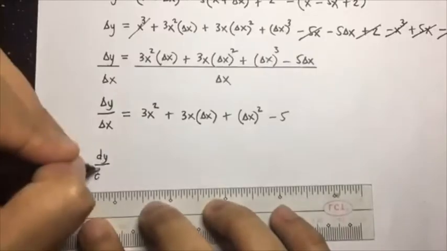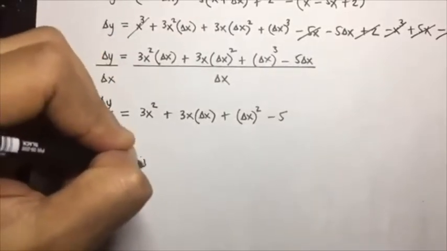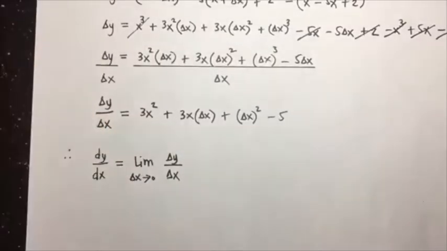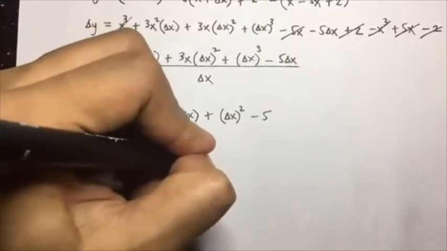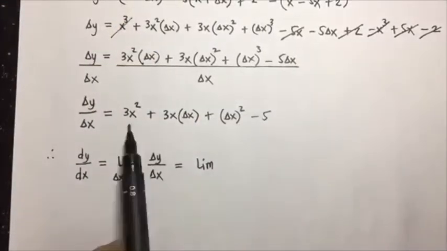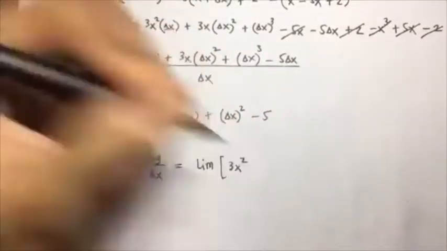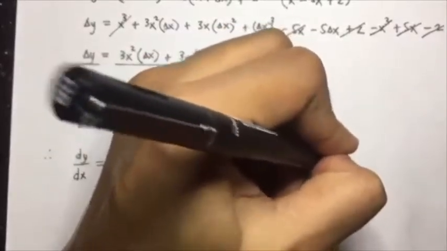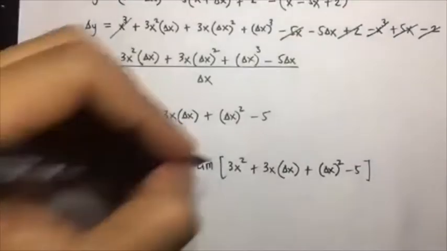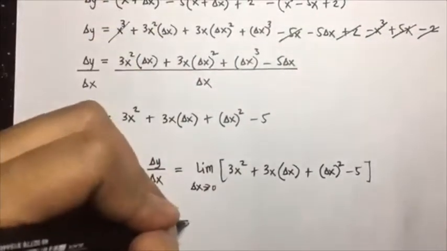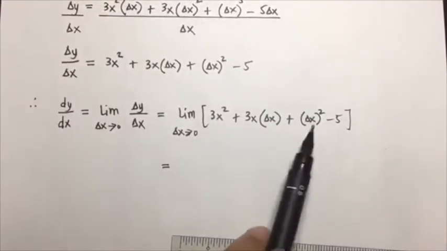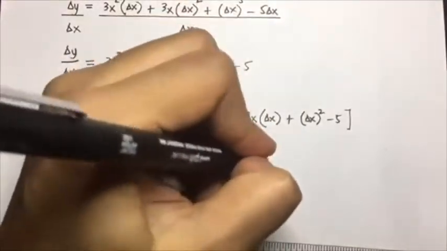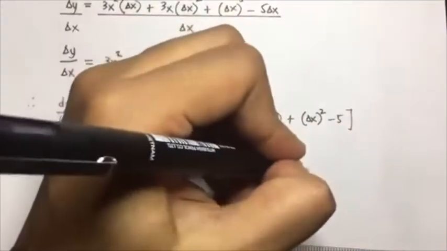Since the derivative dy over dx is equal to the limit of delta y over delta x as delta x approaches 0, then the limit now of delta y over delta x, which is 3x squared plus 3x delta x plus delta x squared minus 5 as delta x approaches 0, will now become, substituting delta x approaches 0, 3x squared plus 3x times 0 plus 0 squared minus 5.